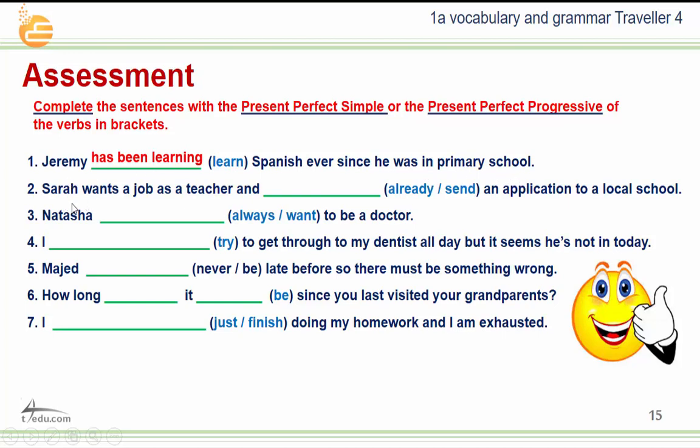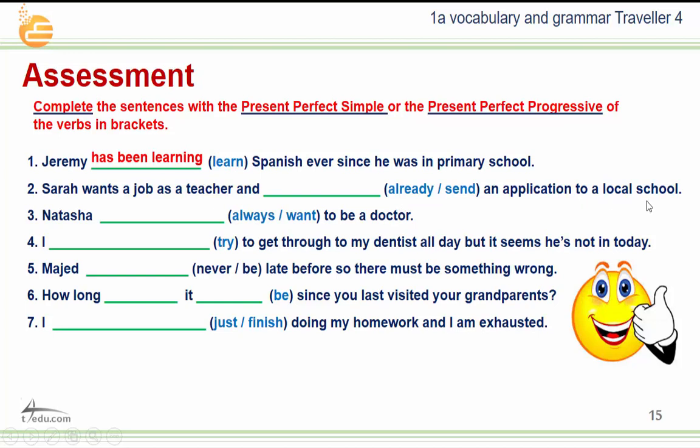Number 2, Sarah wants a job as a teacher and already sent an application to a local school. What's the answer? Sarah wants a job as a teacher and has already sent an application to a local school.